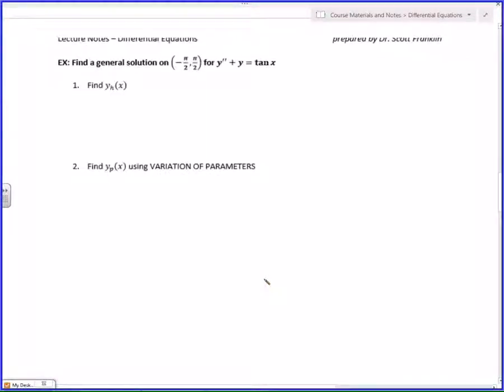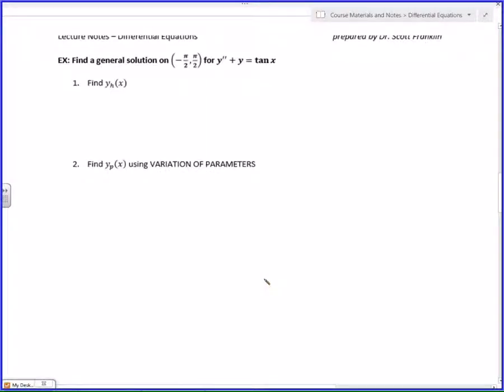All right, so here's one that we could not do with the method of undetermined coefficients because we don't have a guess when we have a tangent on the right-hand side. All of our forms dealt with polynomials, exponentials, and sines and cosines. Tangents are problematic because when you take the derivative and second derivative, the secant guy shows up in all his glory.